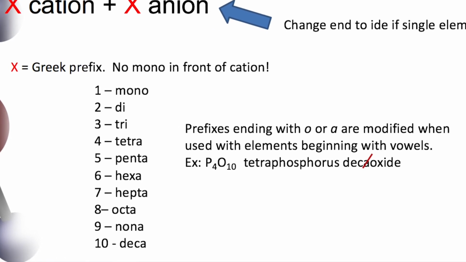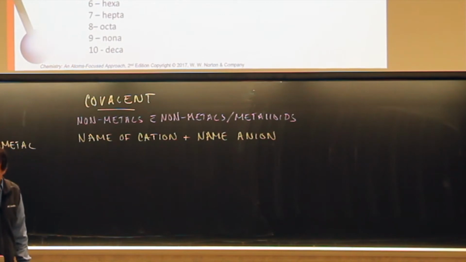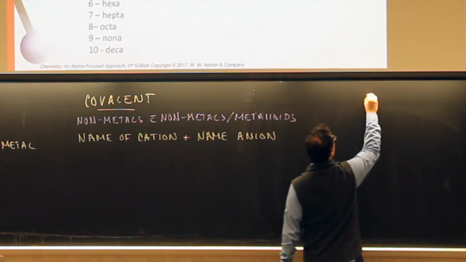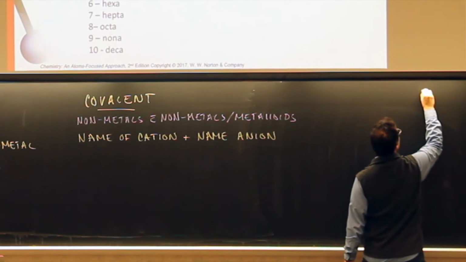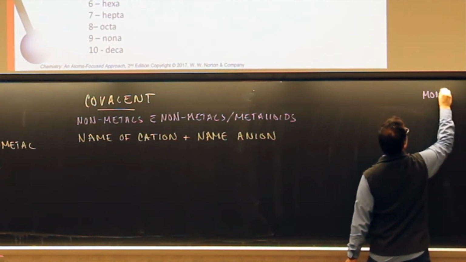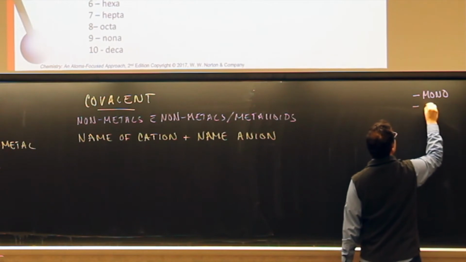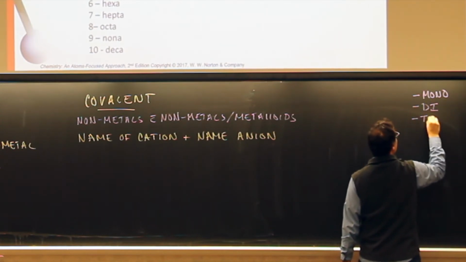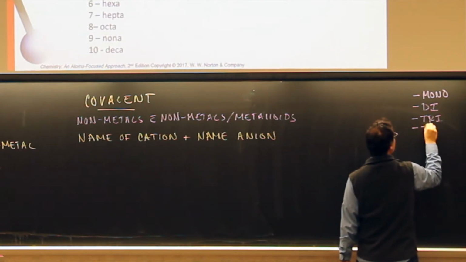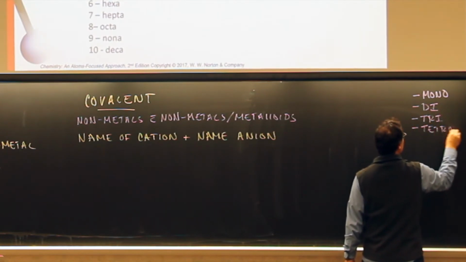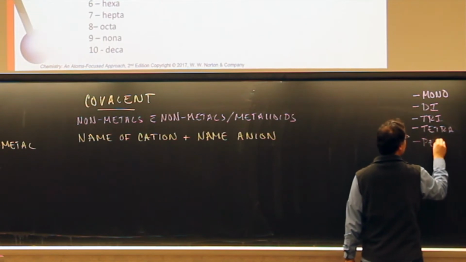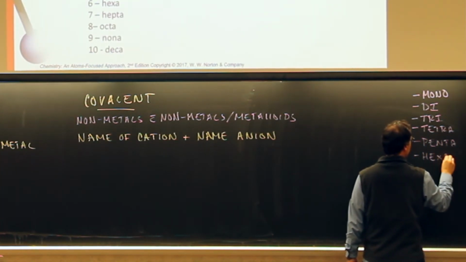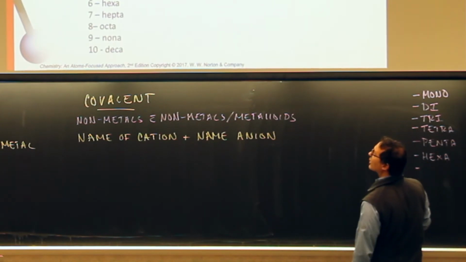So you've got to know your Greek prefixes. These would be good to write down. You have mono, that's that kissing disease, right? And then di, tri, tetra, penta, hexa. And then I always have to double check on 7 here.